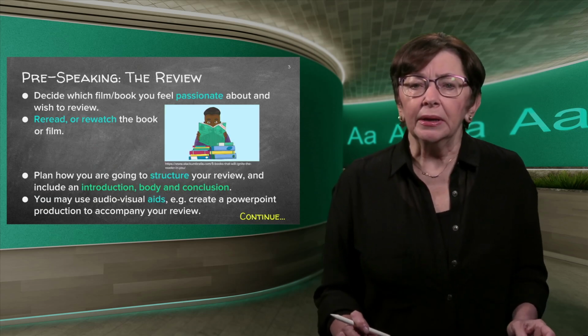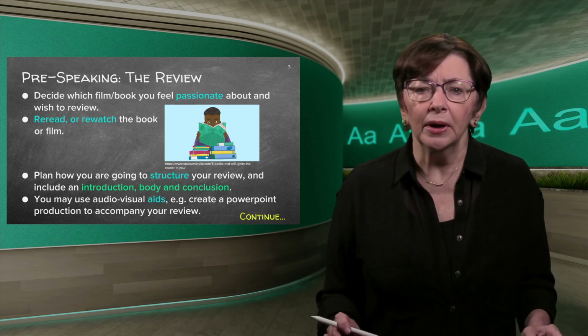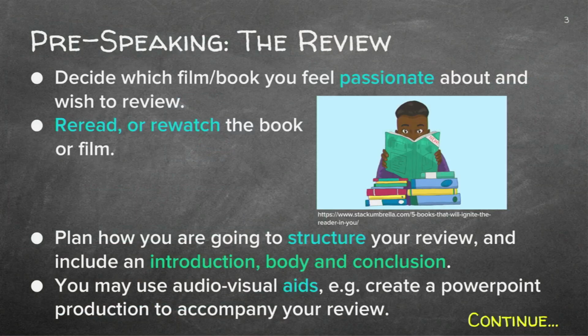Now, pre-speaking, before you deliver this review, decide which film or book you feel passionate about to review. You're not going to review a book that you actually hated or that you thought was very mediocre. Find a book or a film that you felt passionate about, because you have the choice.